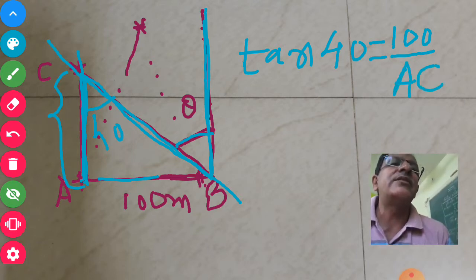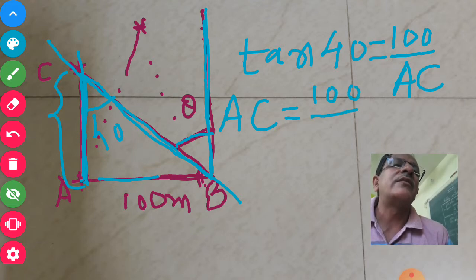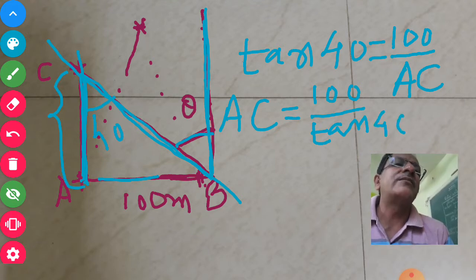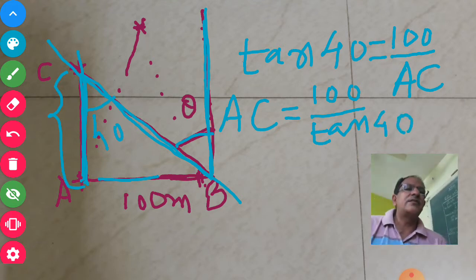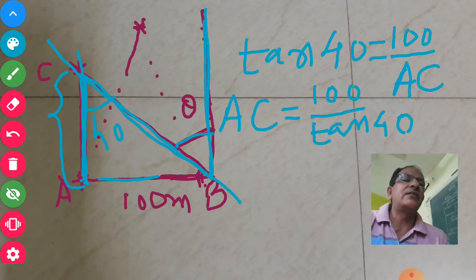So you can now easily take AC as the subject of the formula. AC is equal to 100 upon tan 40. Now how to find the value of tan 40? You find this from the natural tangent table, which is given in the log table.